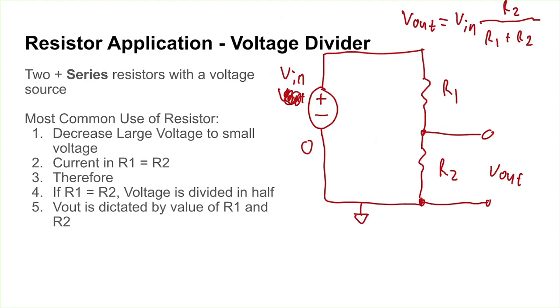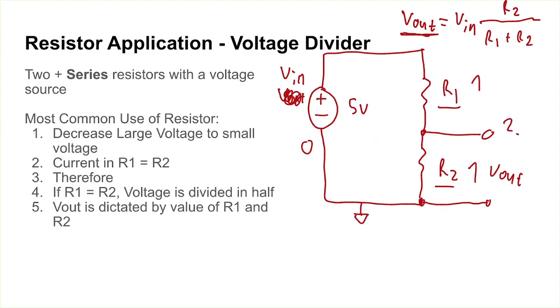So what this means is V out will always be lower, less than V in. It's being split, right? It's dividing it. So for example, if R1 is equal to R2, so 1 ohm and 1 ohm, and V in is 5 volts, you can do this equation, but generally if they're equal to each other, V out will equal 1/2 V in, and you can substitute that in the equation.